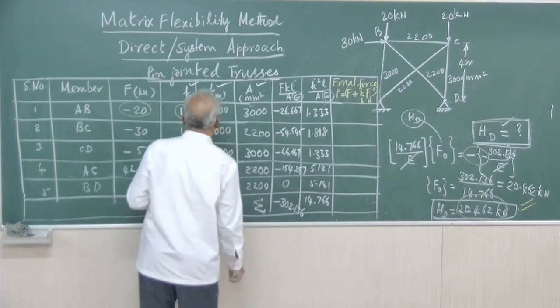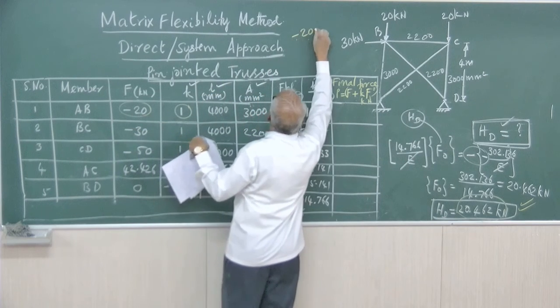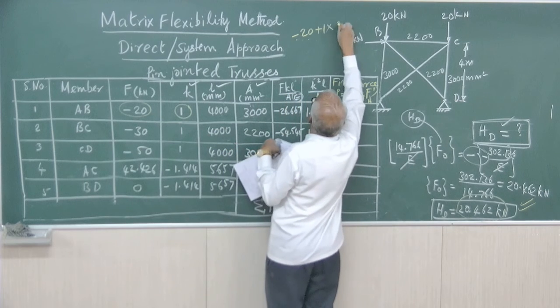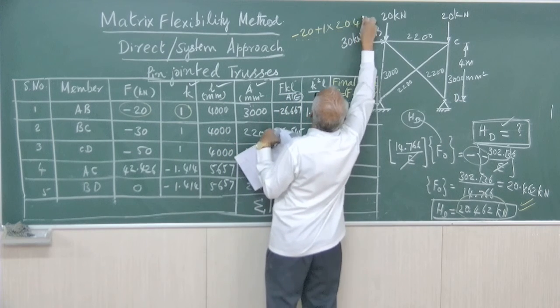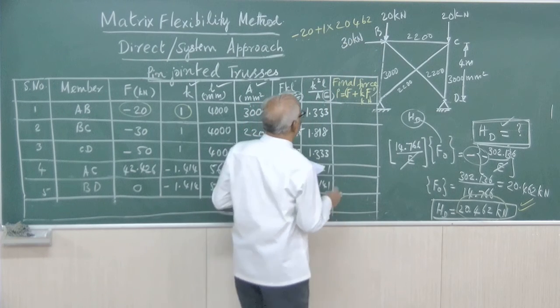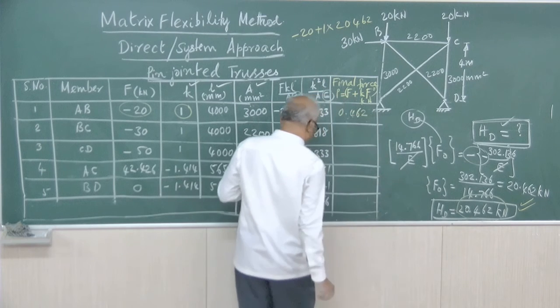For the first member, it is minus 20 plus 1 into 20.462, which gives the value 0.462 kilonewton.